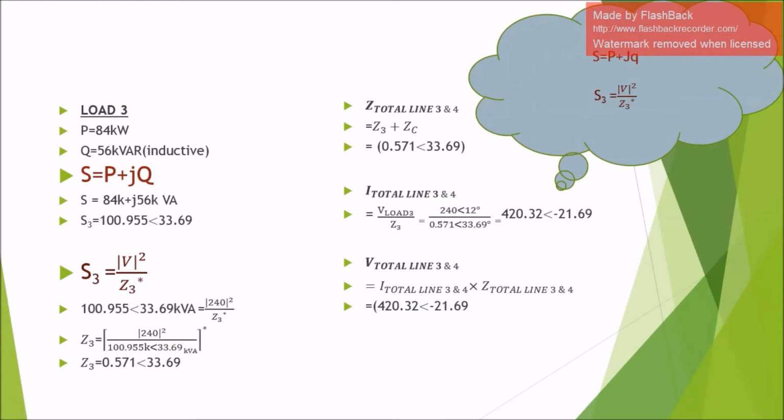So, for load 3, we can use the formula of S equal to P plus jQ. By applying Ohm's law, we can also calculate I total line and voltage total line at each transmission line after Z total line is obtained.